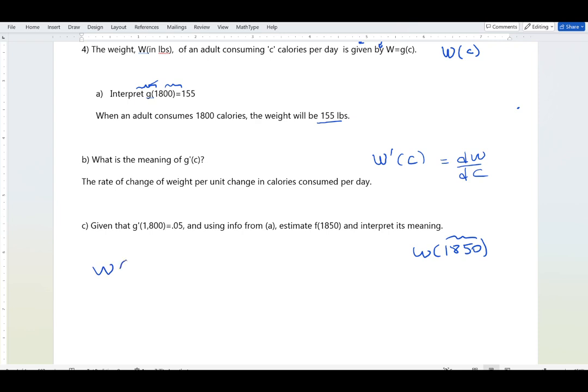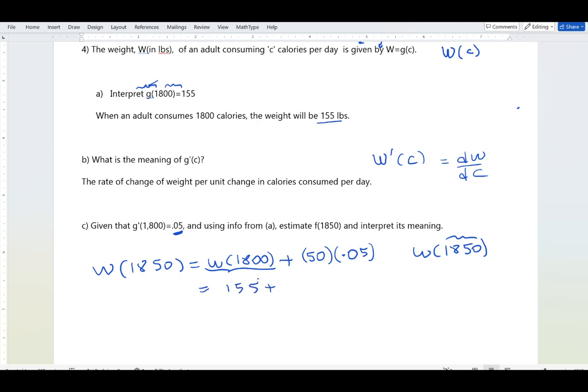So to find W of 1850, we're going to start with W of 1800, which we already have, plus you go 50 units beyond it. So 50 calories beyond it, and for each extra calorie consumed, the rate of change of weight is 0.05. So 50 calories consumed, multiply that by 0.05 to see how many more pounds that individual will be expected to have.